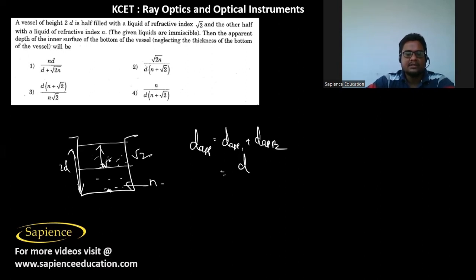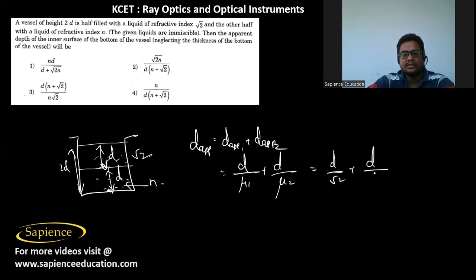Here the width of each liquid is also d. So it will be d by mu 1 plus d by mu 2, that is d by root 2 plus d by n. If you take d as common and take the LCM, it will be d times (n plus root 2) by n root 2. So option 3 is the correct answer.